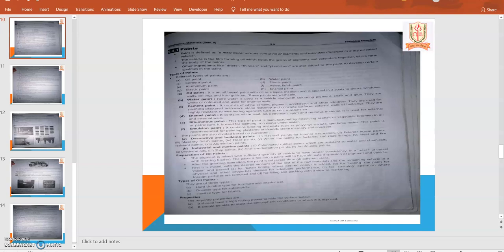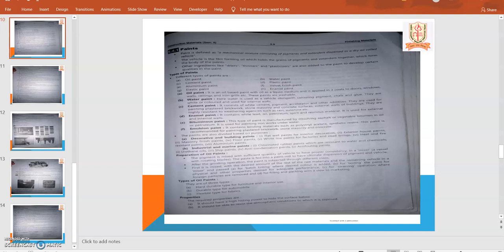Then paints are also differentiated by their purposes, like first decorative and building paints, second industrial and marine paints. Decorative paints include flat wall paints for interior decoration, exterior house paints, masonry finish paint, floor paints, white line paints for factories and road lines, then heat and fire resistant paints and aluminum paints.